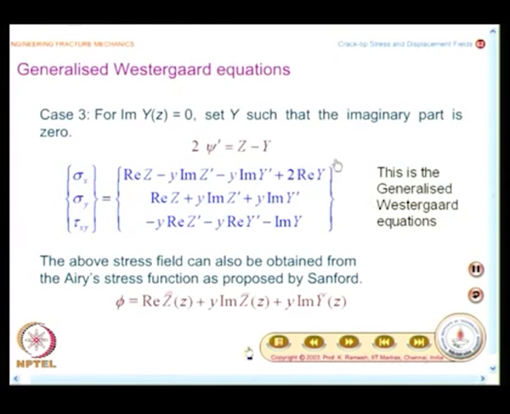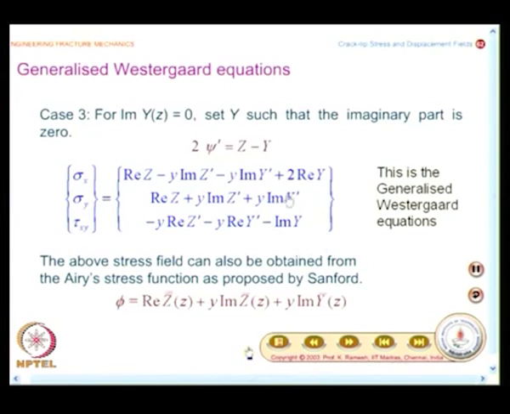Rather than coming from the Kolosov-Muskhelishvili route, I could also get these set of equations by directly differentiating them appropriately. I have the Airy stress function; by suitably differentiating it, I would be able to get this. Until this, you have all written it down in the last class.